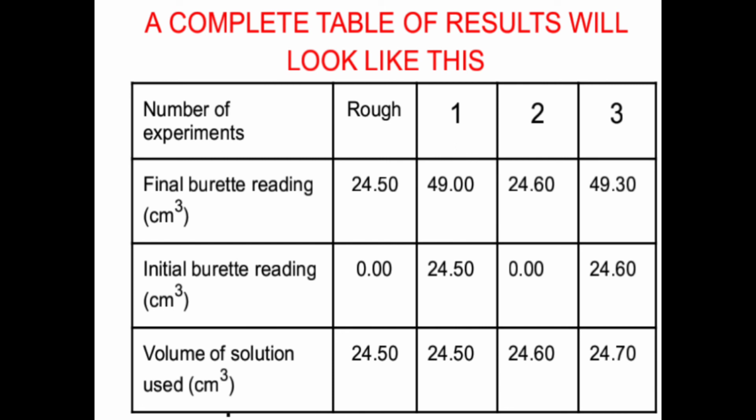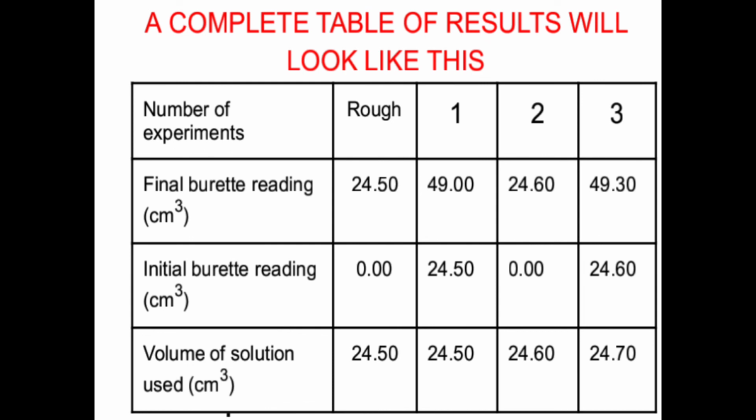Another thing to note here, when you look at our results on the volume of solution used, all of them look consistent. Why? Because they all have the smallest difference possible. For example, when you move from 24.50 to another 24.50, the difference is 0. So which means those two are very consistent. When you move on to 24.60, the difference is just 0.1.